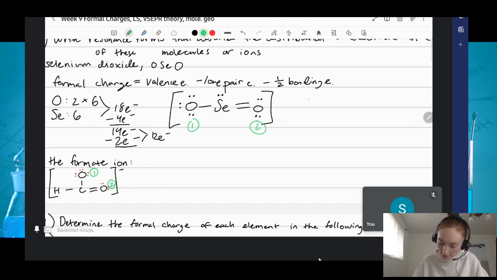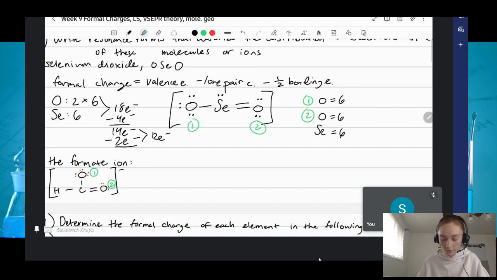So we'll have oxygen 1, oxygen 2, and we have selenium. So these are the 3 different atoms we are going to be calculating the formal charge for. Each of the oxygens has 6 valence electrons. Selenium also has 6.